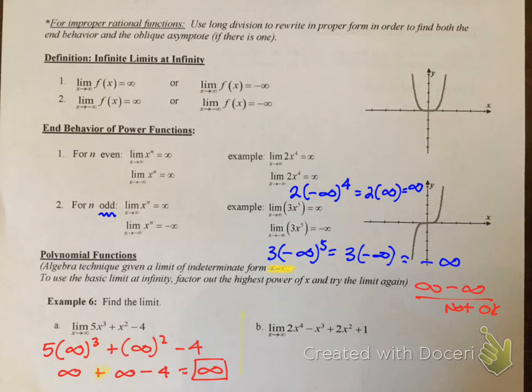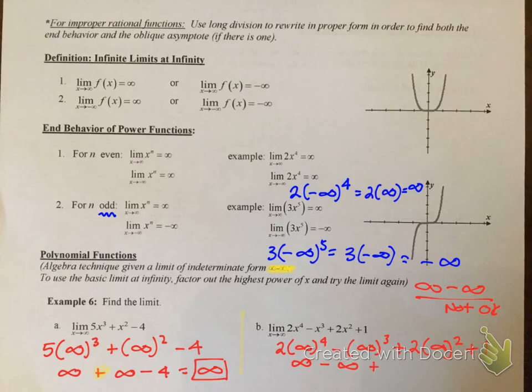If we look at this and plug it in, we get 2 times infinity to the 4th minus infinity cubed, plus 2 times infinity squared plus 1. Okay? So infinity to the 4th power is infinity times 2 is just infinity. Infinity cubed is infinity.